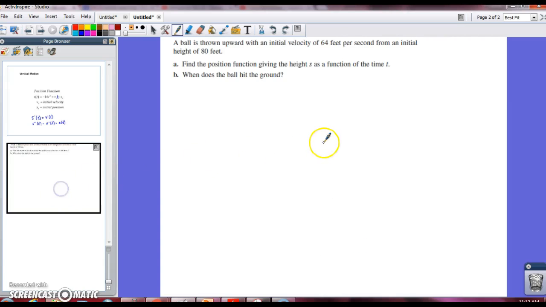Okay, so let me show you how this would work. First of all, this is part A, our initial time we're going to call t equals 0. Makes sense, right? We also know that our initial height, because they gave us that in the problem, is 80 feet. And we also know our initial velocity is 64 feet per second.